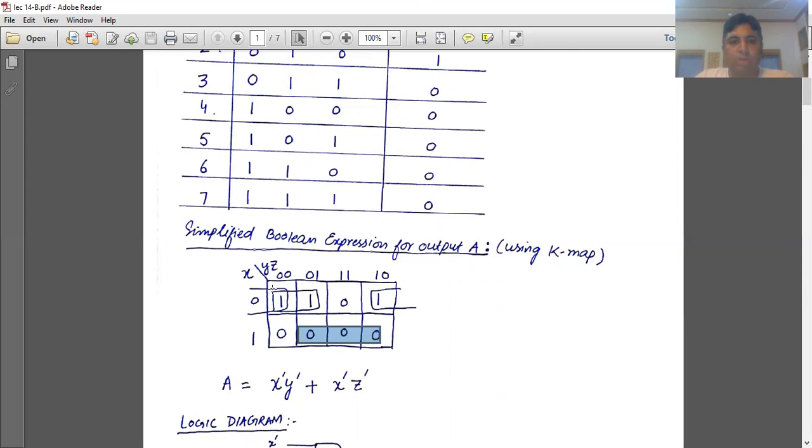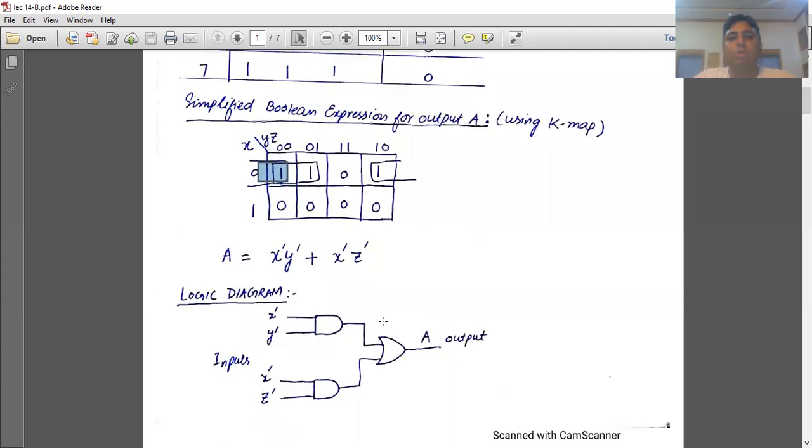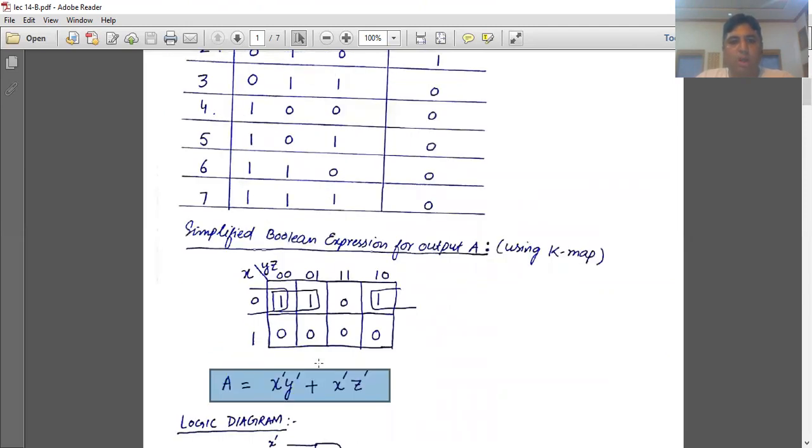Now we have made this one group, and the other group is the edges. By taking these two groups, the output equation will have x bar y bar and x bar z bar. I can tell you how this equation comes. When you take this group, which variable is eliminated?